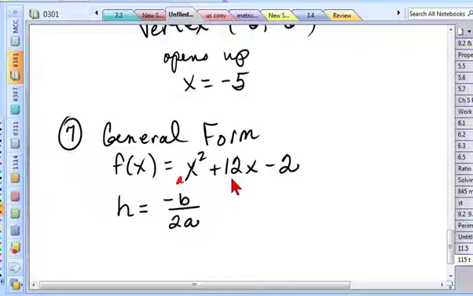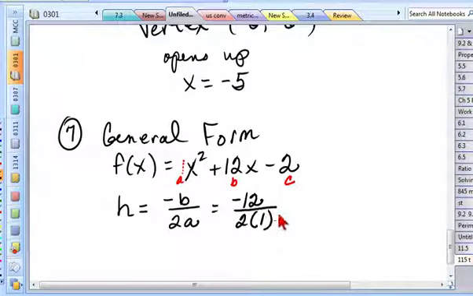Okay, A is right here, this is B, this is C. So the value of A is an implied 1. That's going to be negative 12 over 2 times 1, which is negative 12 over 2, or negative 6.